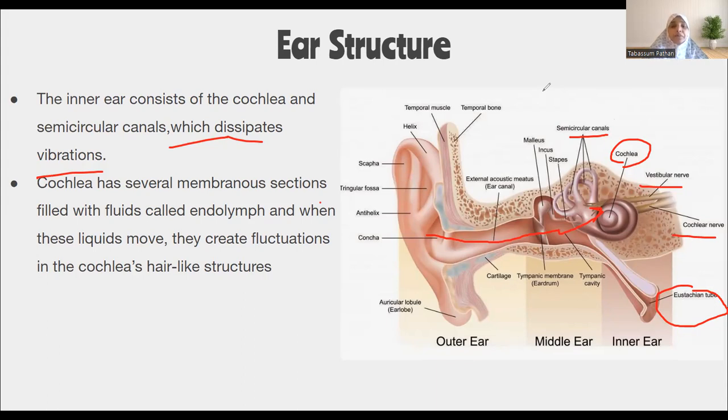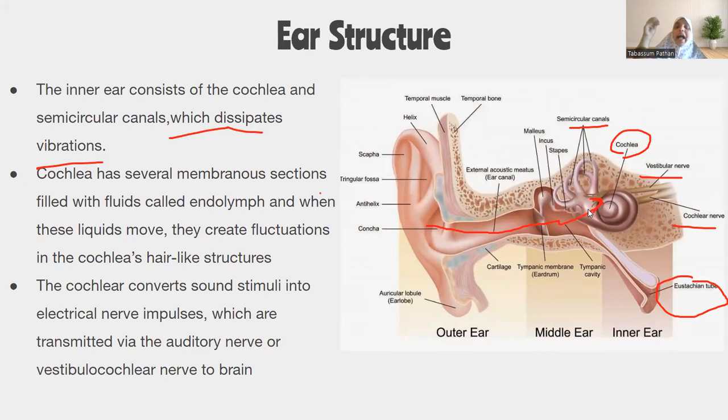So the vibrations are created with the help of the fluid and the hair-like structures in the cochlea. The sound has traveled all along from the outer and the middle ear and reached the cochlea. Here the hair-like structures and the endolymph will facilitate the vibration, and the sound signal will be converted into an electrical signal.